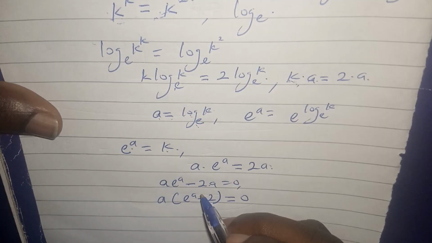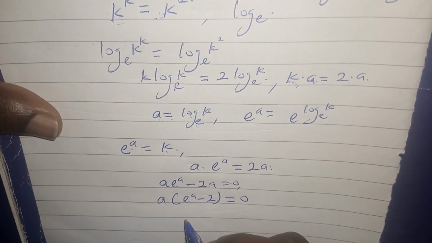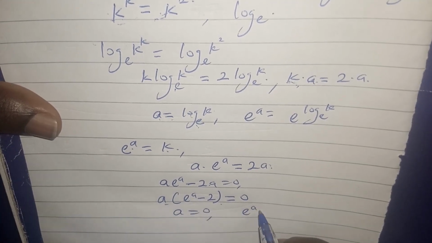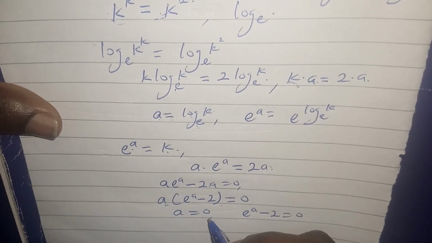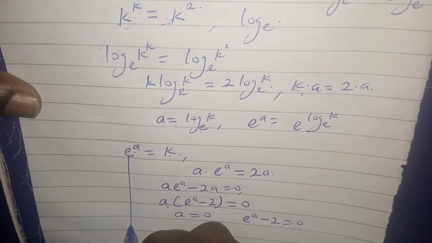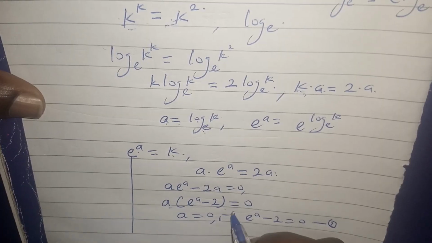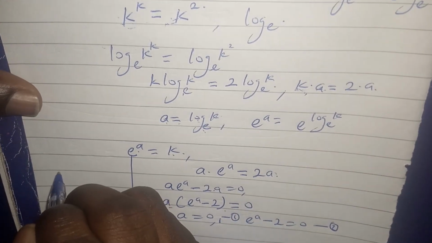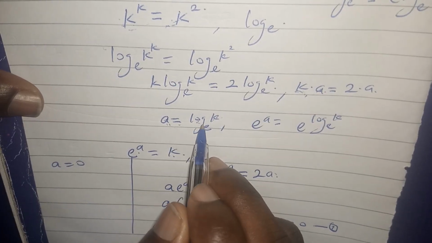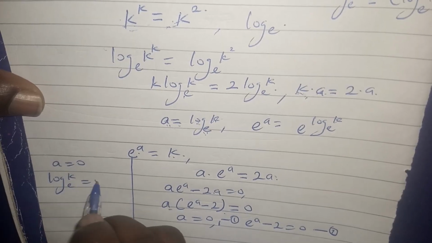Having done this, what are we going to do next? We are going to compare a equals 0 and exponent of a minus 2 equals 0. This is case 1, this is case 2. For case 1, a equals 0. I know a to be log k to base e, so we can say log k to base e equals 0.